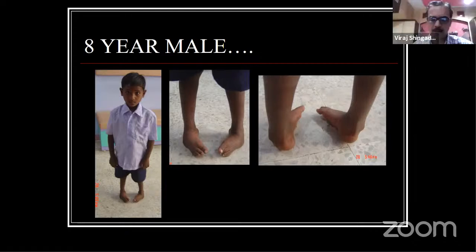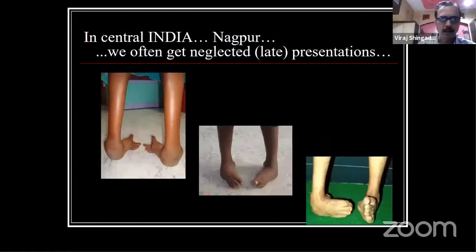Okay. So our approach is the same: for those with one or two deformities or the flexible variety, we still go ahead with the Ponseti correction, casting, and then a mini-invasive procedure. But for those who are rigid, I will just briefly go a little faster.